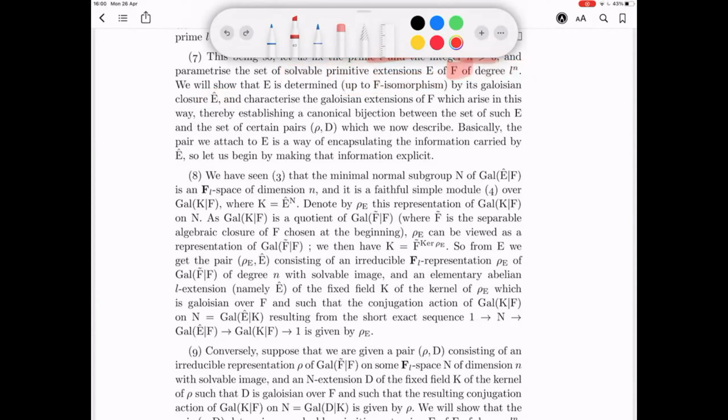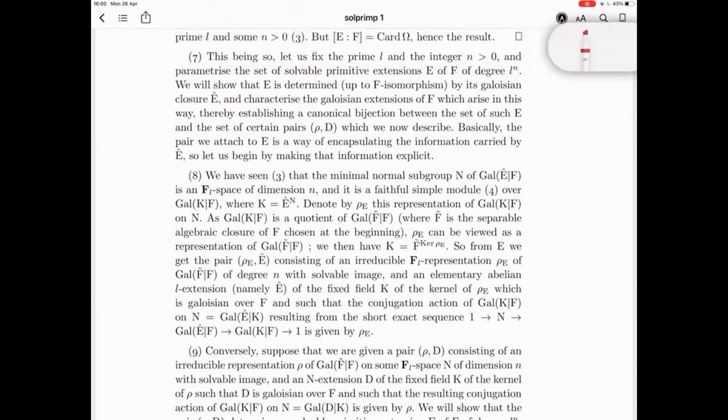Normally, this is not easy to give examples of, but it's something which happens. You can have a field F and two different extensions of F of the same degree, which are not F isomorphic. But when you take the Galois closure, you get the same thing: their Galois closures are F isomorphic. That can happen. Now, I can't give you examples straight away, but this is something that you can't rule out.